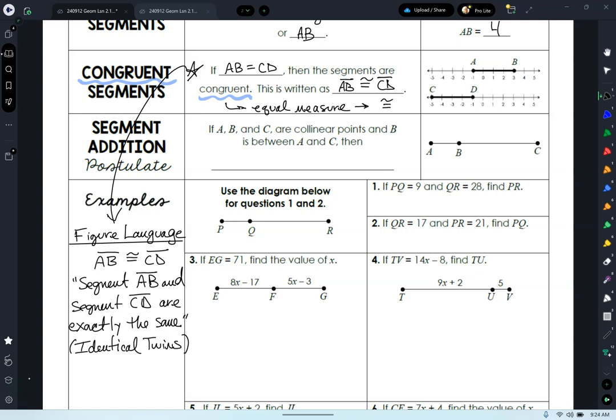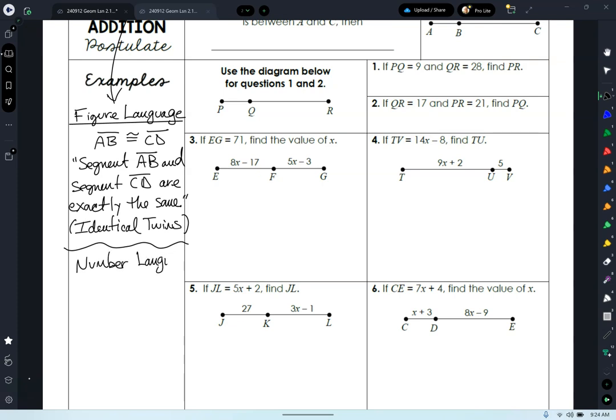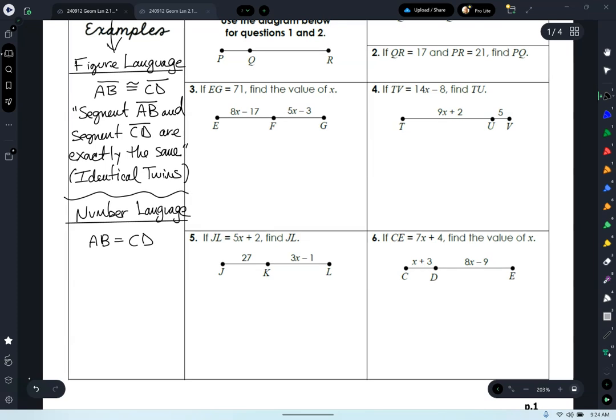Now, number language, which I gave you above, looks like this. The length of segment AB is equal to the length of segment CD. Let's write that down.